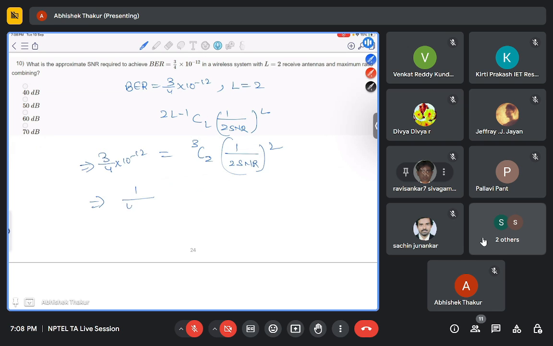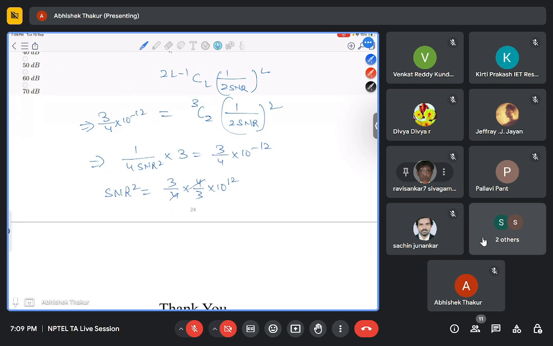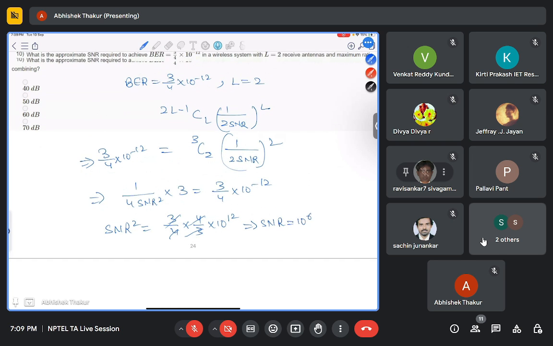So 1 by 4 into SNR square into 3, that is equal to 3 by 4 into 10 to the power of minus 12. So SNR square is equal to 10 to the power of 12, which implies that SNR is equal to 10 to the power of 6.